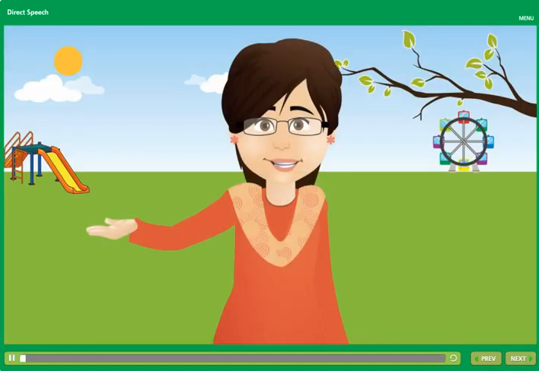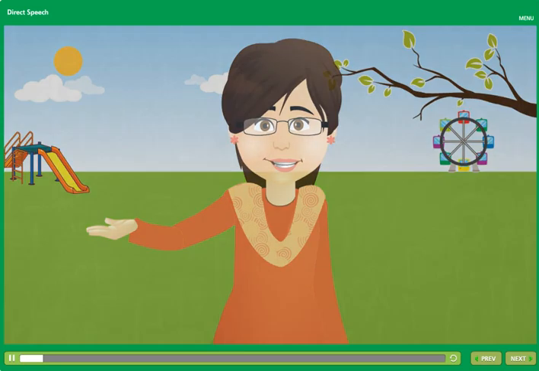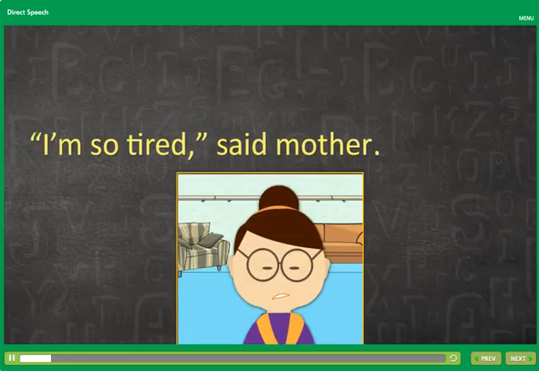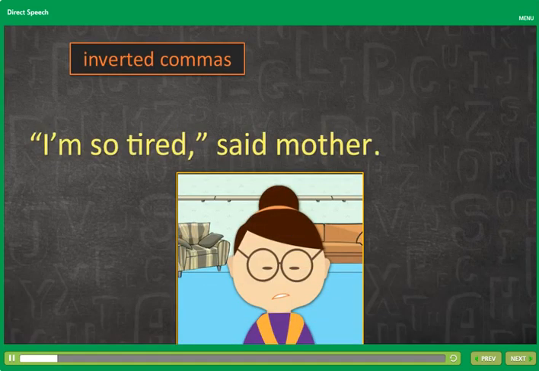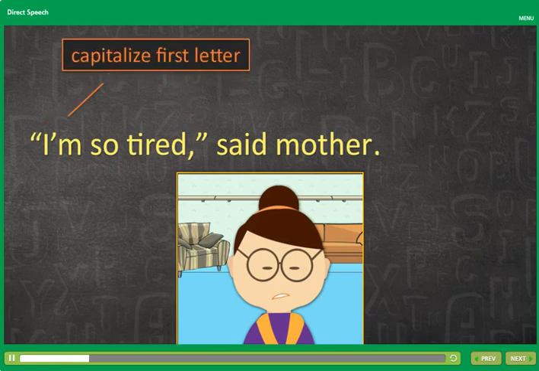There are a few points to remember when writing direct speech. Let's look at this sentence. We put inverted commas or speech marks around the words that are actually being spoken. Always capitalize the first letter inside the speech marks.